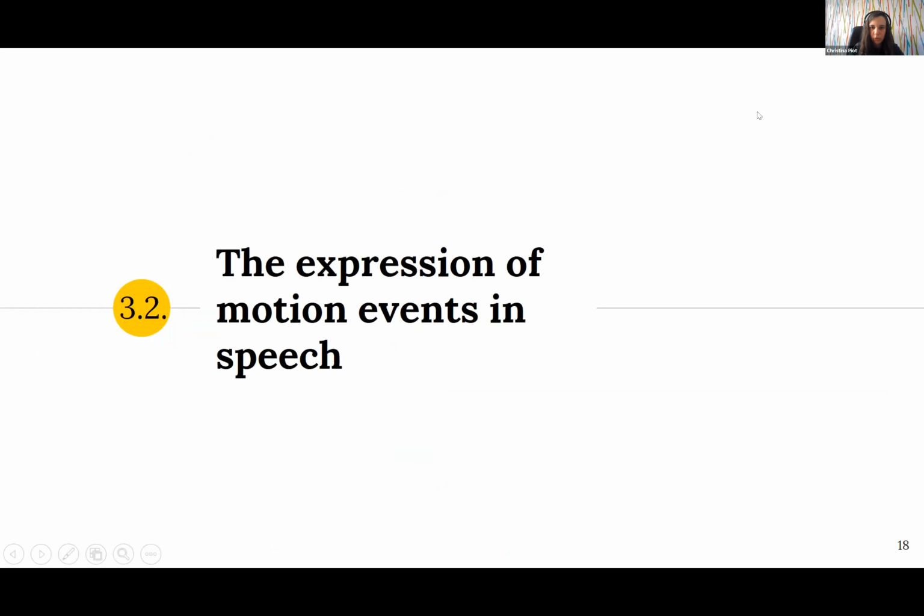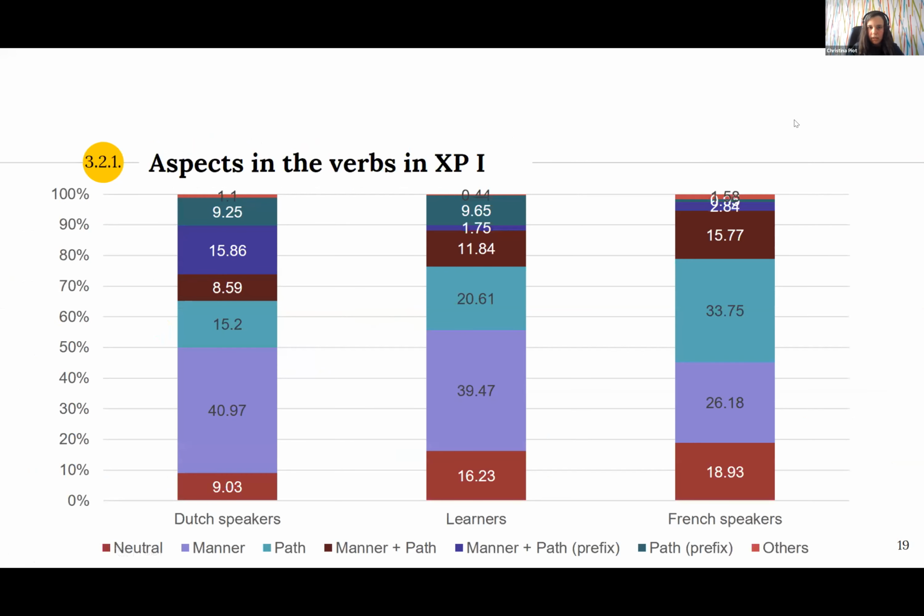So we move on to the expression of motion events in speech. Here we can see the aspects in the verbs in the first experiment, the retelling of the video fragments. And we can observe that in Dutch, they tend to use manner verbs as in a satellite-framed language, whereas in French it is less common and they tend to use more path verbs than Dutch speakers.